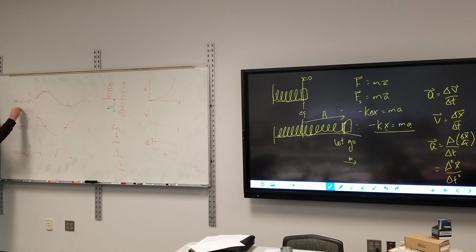Now, if I did the sine of 2t, what does that 2 do? To the graph or just in general? To the graph. It would either increase the amount of maximums and minimums or stretch it out.